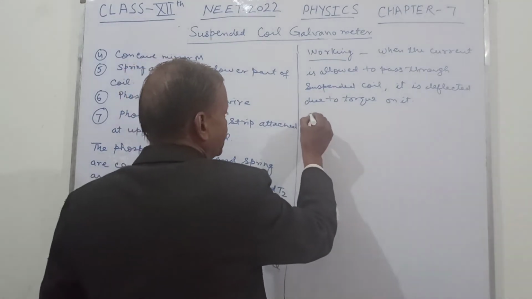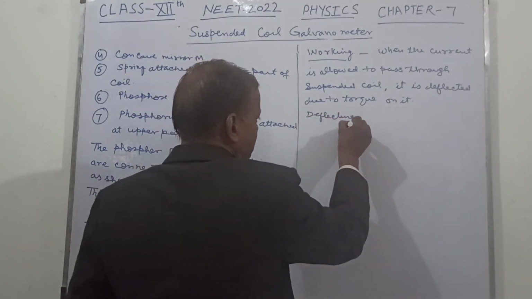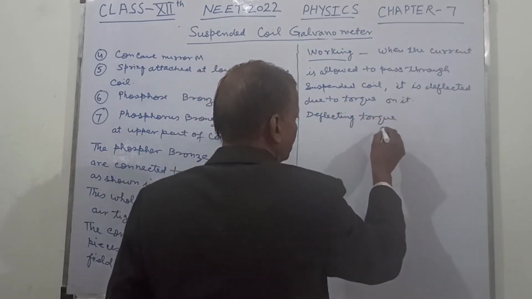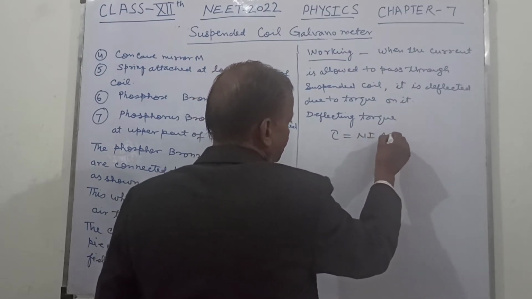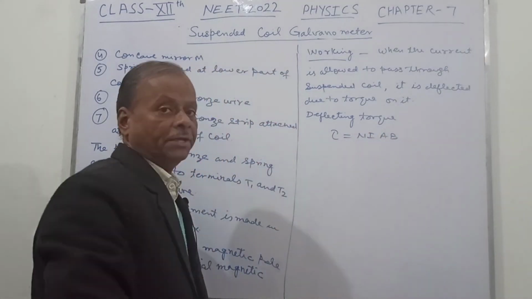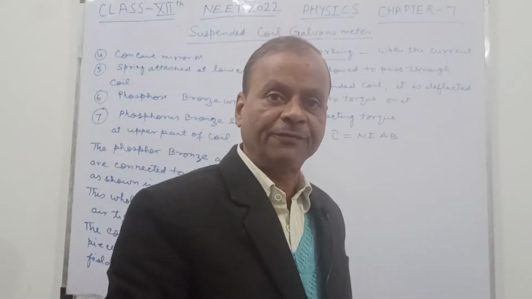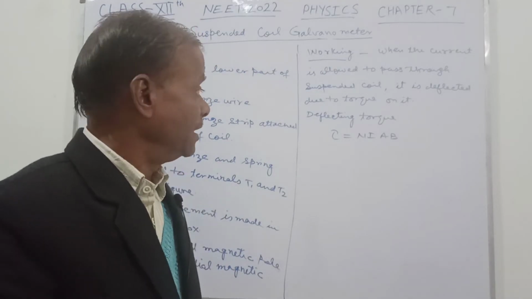So now the deflecting torque is equal to NIAB. Here the theta is always 90 degrees due to the radial magnetic field. So this is the benefit of the radial magnetic field.